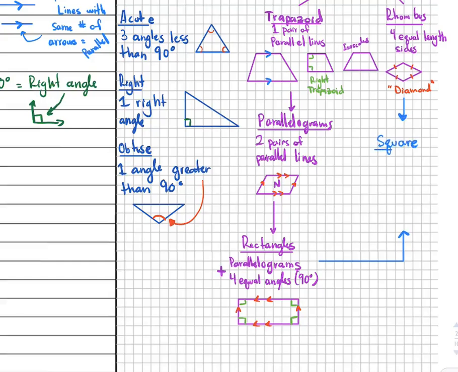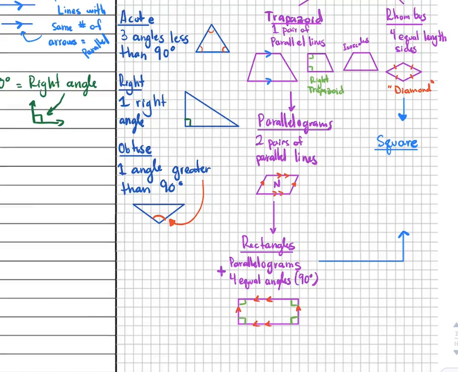Now, even though a square is one of the more basic shapes, it's the most specific shape. Four equal side lengths, parallel lines, and 4 equal 90-degree angles.